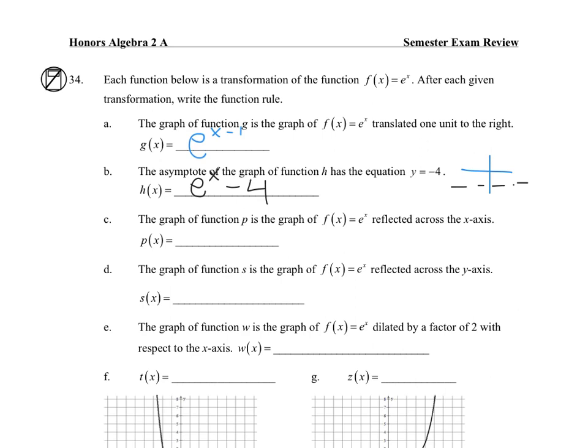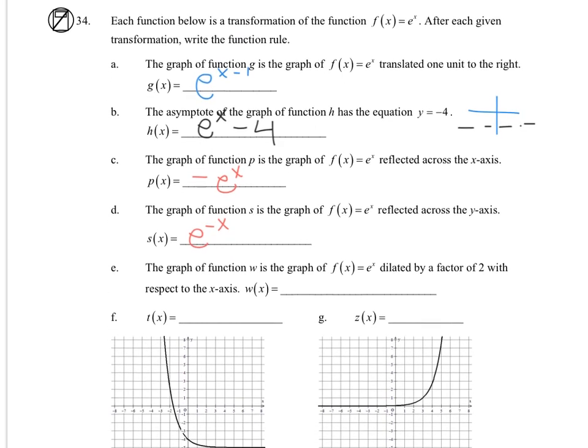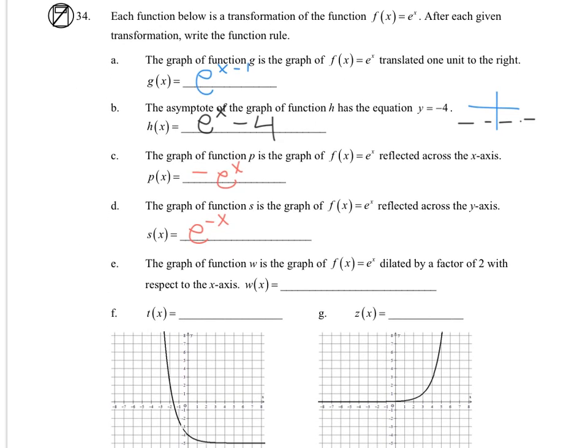Reflected across the x-axis is a coefficient of negative 1, and the y-axis means the x value gets multiplied by negative 1. Okay, then e dilated by a factor of 2, so that's a vertical stretch of 2, so that's 2 e to the x.